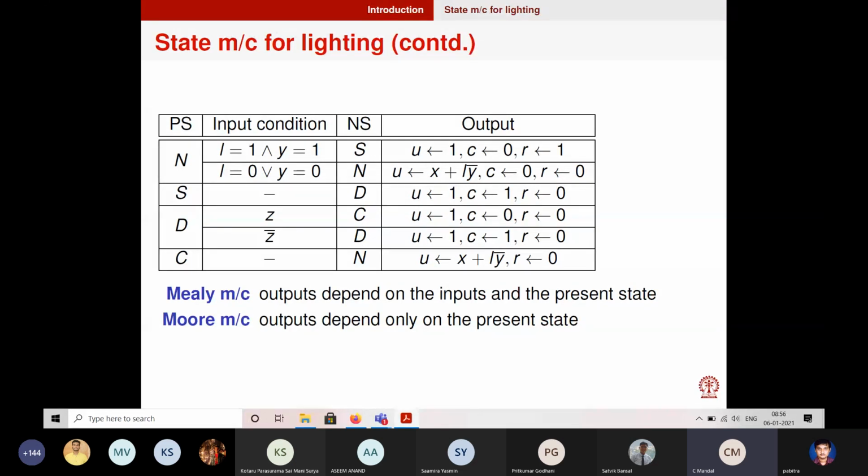Secondary inputs and outputs are basically the state variables, and primary inputs are the inputs that you are getting to the system, and primary outputs are the variables that you are controlling apart from the state of the system. Yes, exactly, that is what I mean. So these are also primary outputs, because they control the state of the system also.